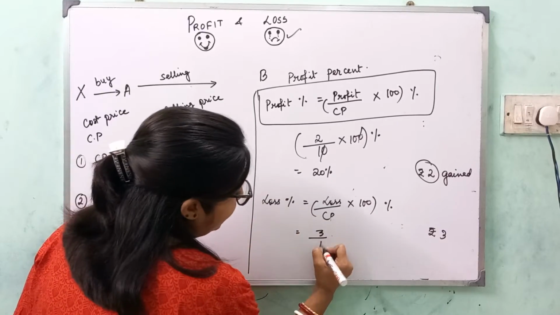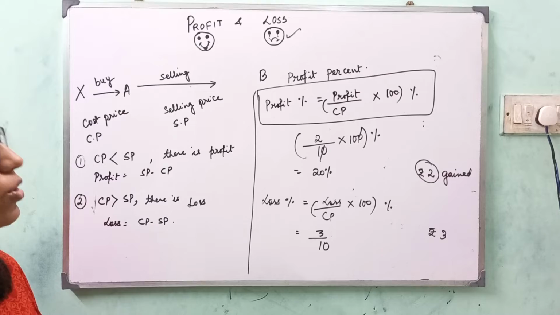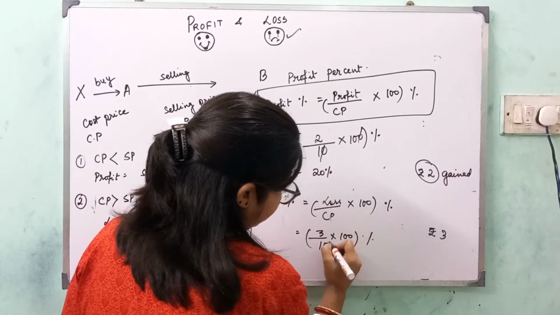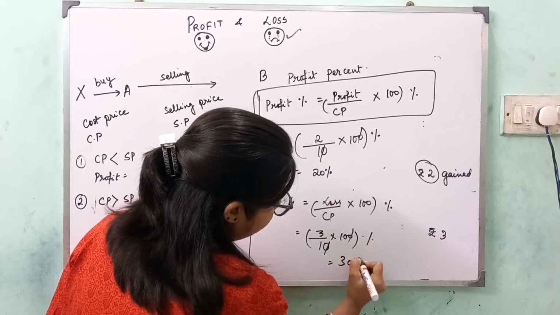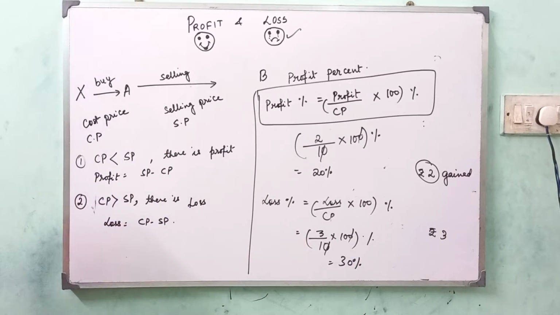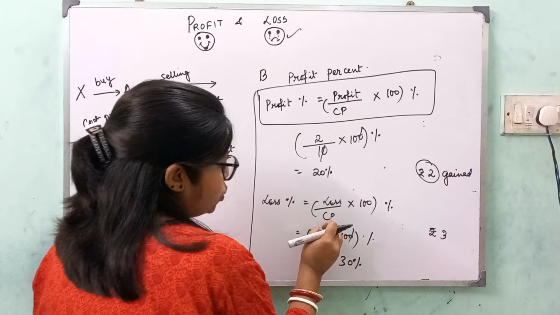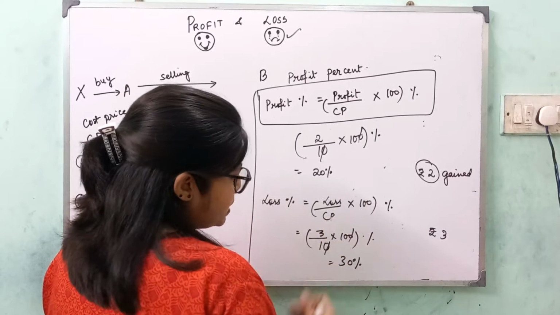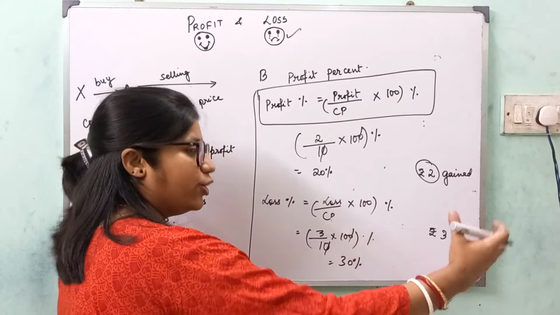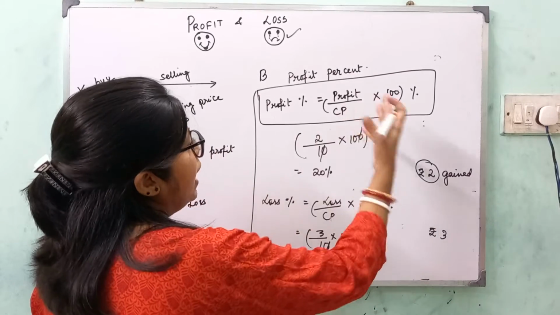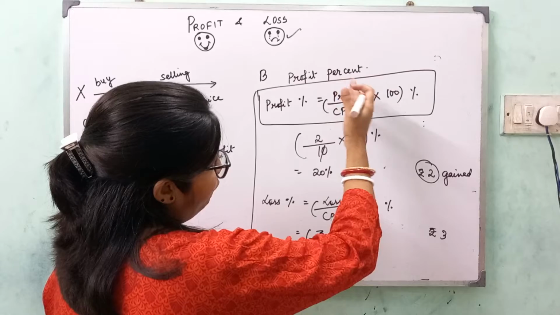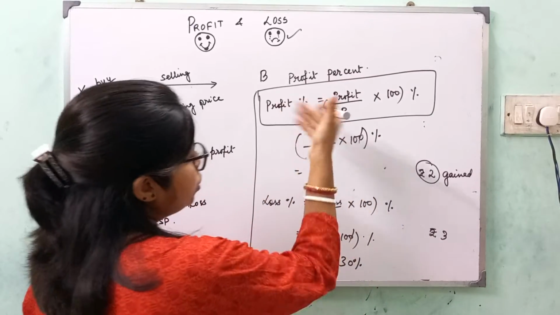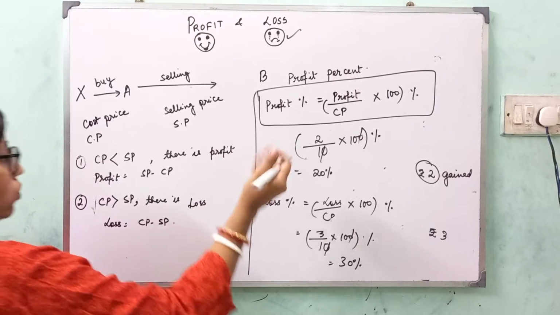Rupees 3 by rupees 10, which was your cost price, into 100. That is 30% loss. So whenever you have a loss, it is loss by CP into 100%, that is your 30%, which was the example we used for showing the loss. And here we saw profit, it is profit by CP into 100. So 2 rupees was the profit in the first example, so 2 by 10 into 100%.